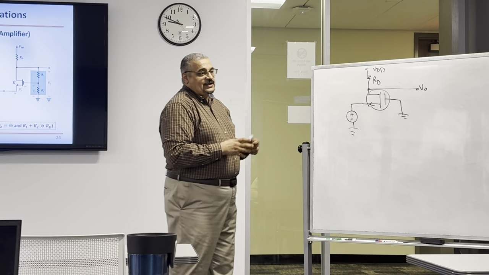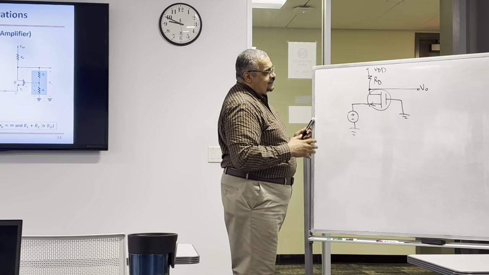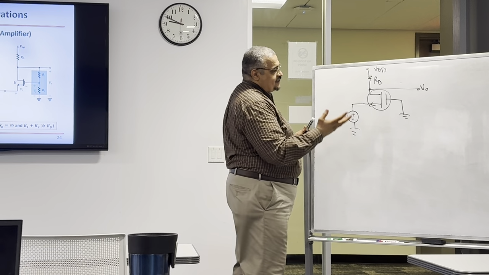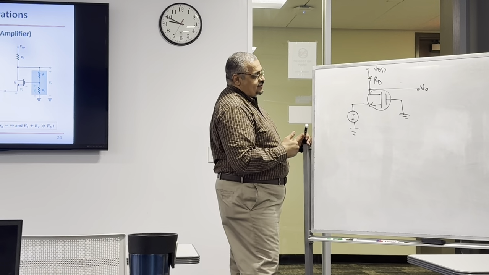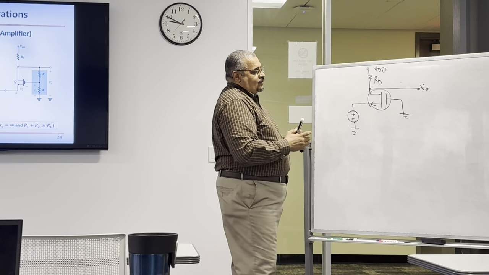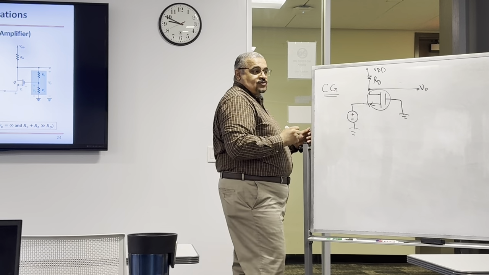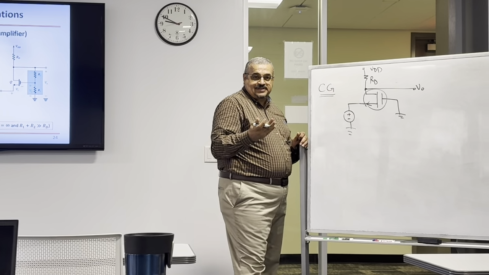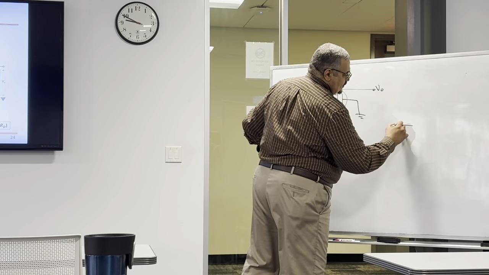Now, how to analyze this? Well, it might not look easy to analyze it without drawing the equivalent circuit, so let's draw the equivalent circuit. This is common gate, right? So what configuration works best? T model, okay? So I'm going to connect the T model, so we're going to have this.